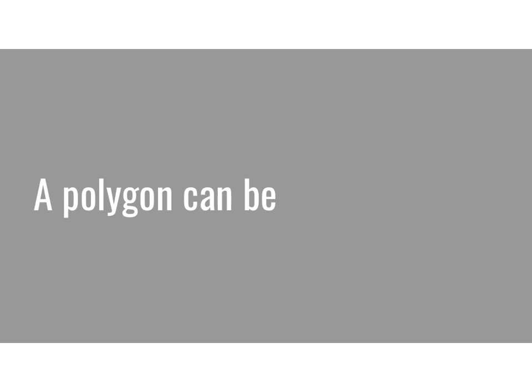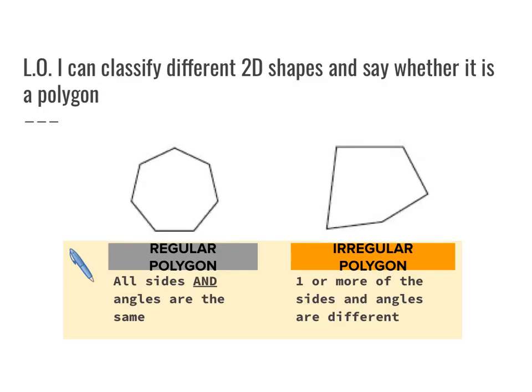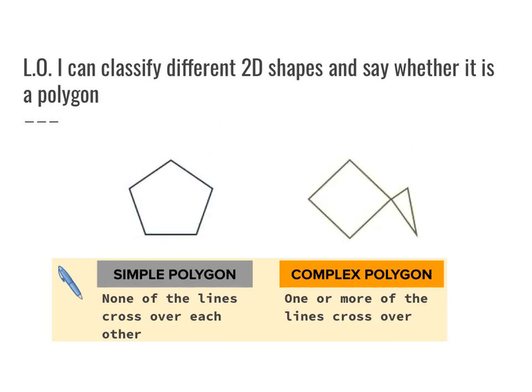Okay, a polygon can be regular or irregular. Regular simply means all the sides and angles in the polygon are the same. Whereas in an irregular polygon, one or more of the sides and angles are different. A polygon can also be a simple or a complex polygon.